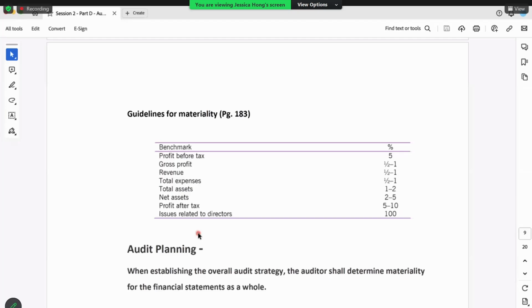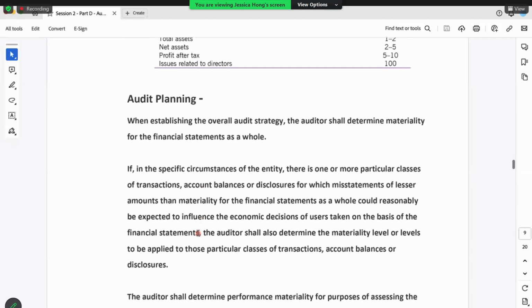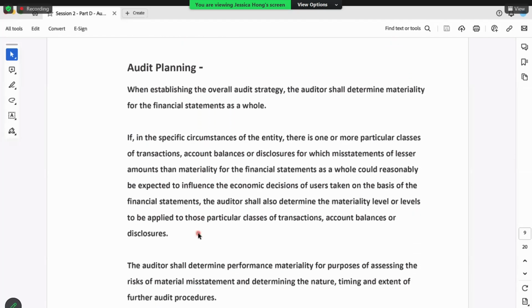Now, in our audit planning, during our overall audit strategy setting, you must understand that when we do our risk assessment, we break up the financial statement into classes of transactions, account balances, and disclosures.